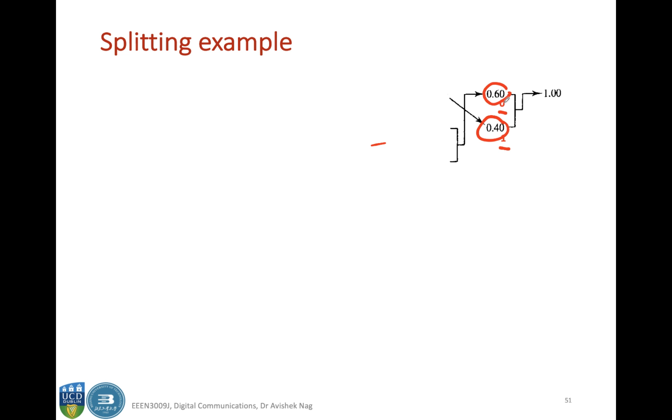branches. So you assign a 0 and 1, then this 1 is propagated here because this 0.40 is coming from this step. This 0, which is equivalent to this 0.60, comes from the sum of these two, 0.37 and 0.23 in the previous stage.